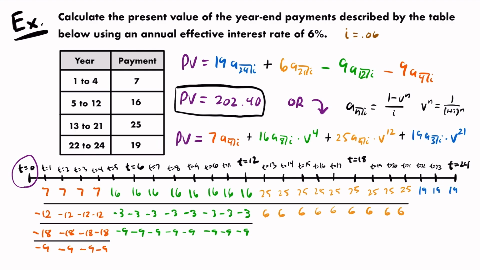All 3 methods are viable, but obviously some of them are quicker than others. Specifically, the calculator method is probably the fastest, followed by this method of splitting up your payments, and then finally, this method right here that I just wrote out is definitely the slowest, although it probably makes the most sense conceptually for most people. Okay, so whichever method you want to use is fine.